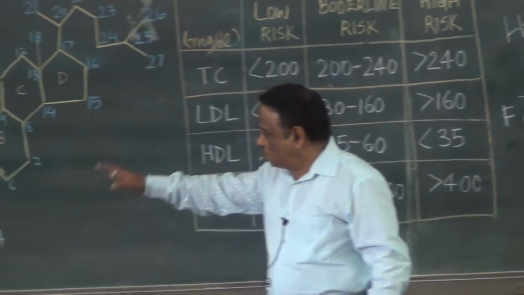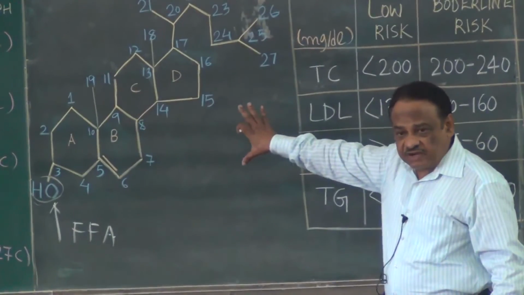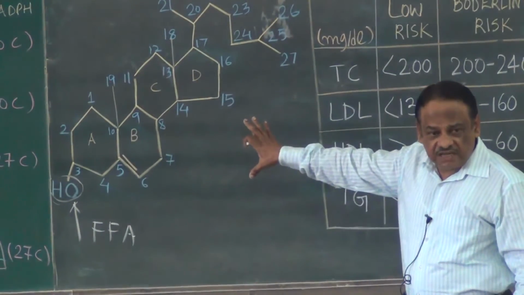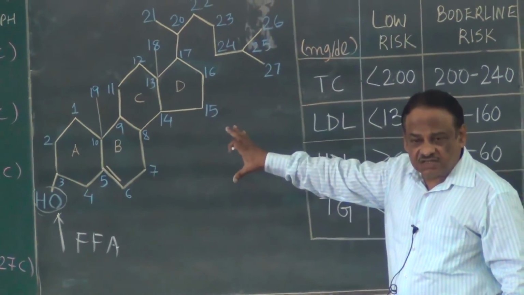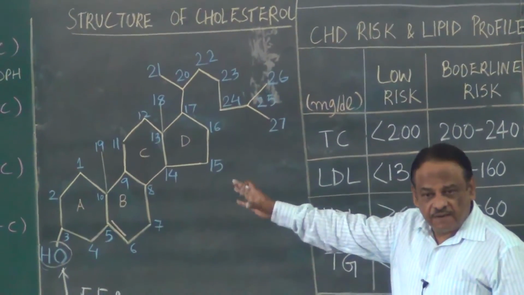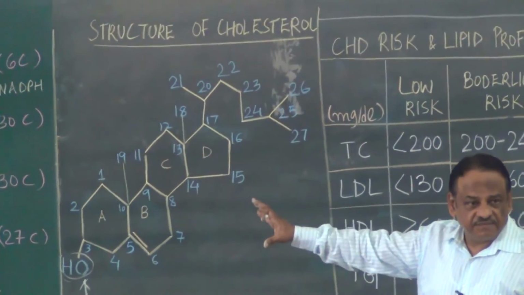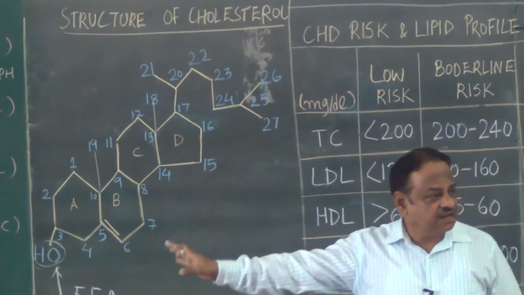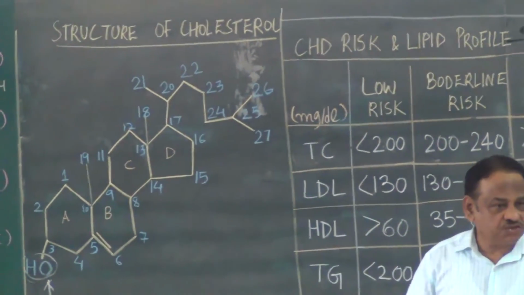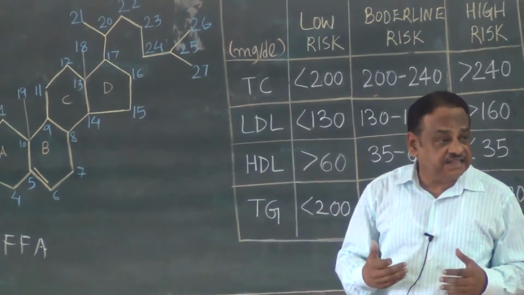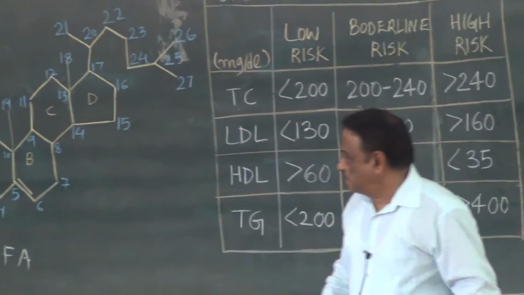Now we also saw about cholesterol. You know that cholesterol is a very important compound. It is highly required for bile salts, steroid hormones, vitamin D, and cell membrane. All these require cholesterol. So enough is needed, but if it is in excess, then the problem arises.